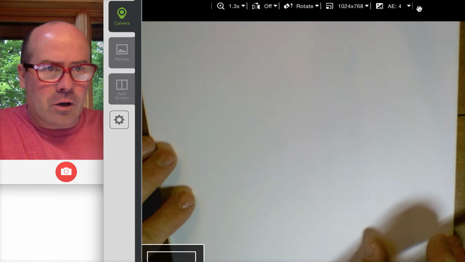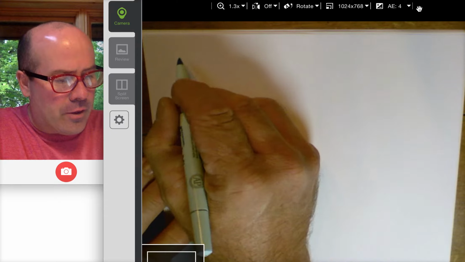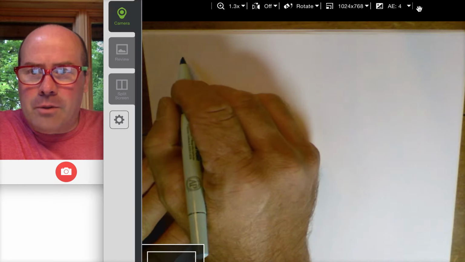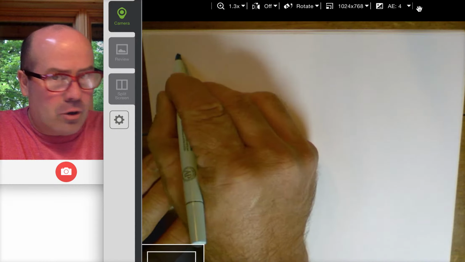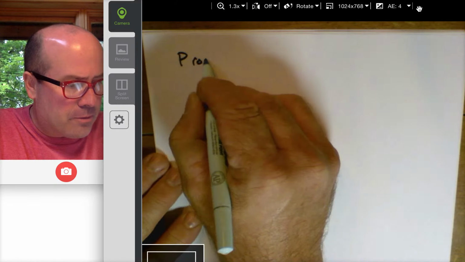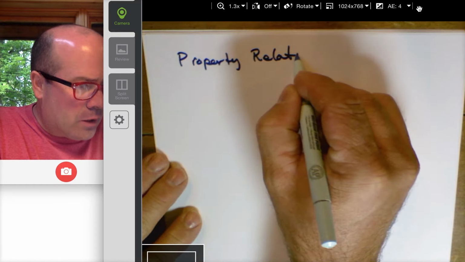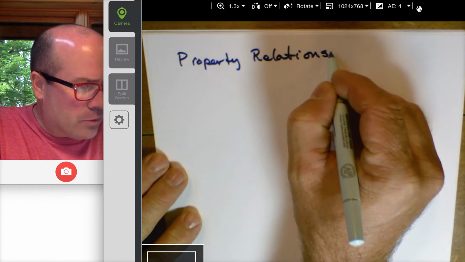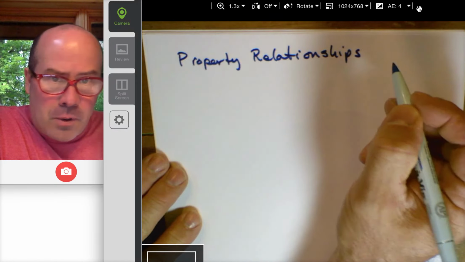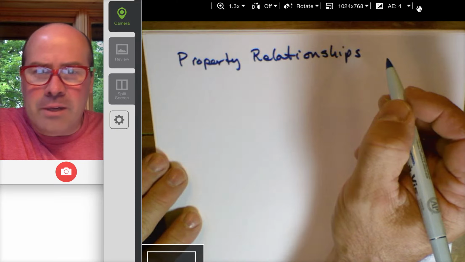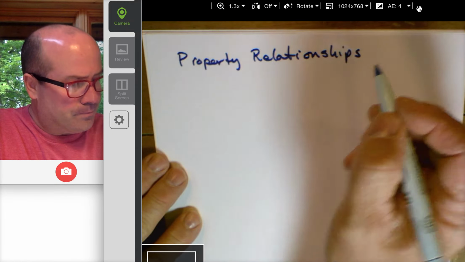Today we are going to start on the fundamental principle in thermodynamics called property relationships. There will be a variety of ways that we look at the property relationships, but perhaps the most extensive will be in the steam tables.